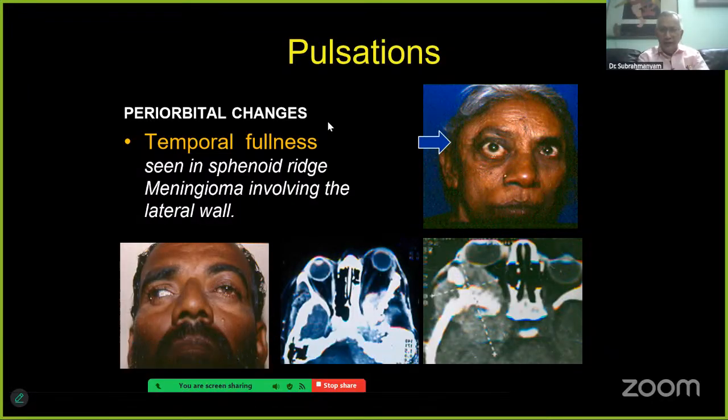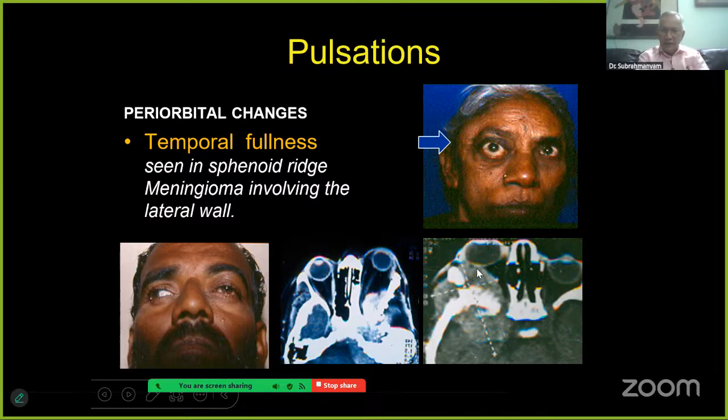Here you can see a temporal fullness, which is typically seen in sphenoid ridge meningioma. Here you can see proptosis of the right eye, which is pulsatile. This is typically a case of sphenoid ridge meningioma.